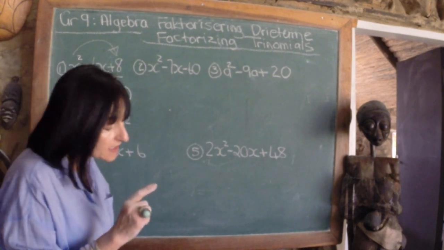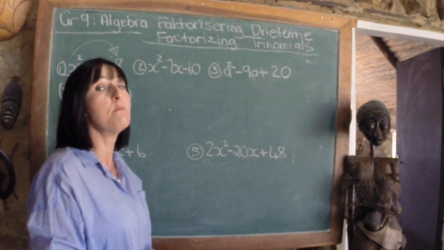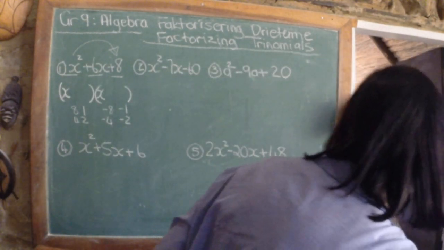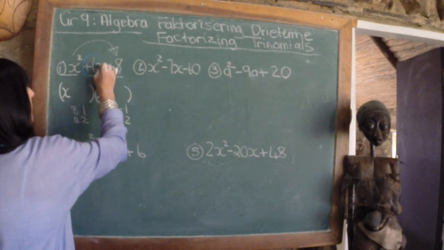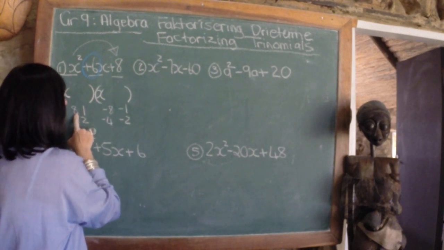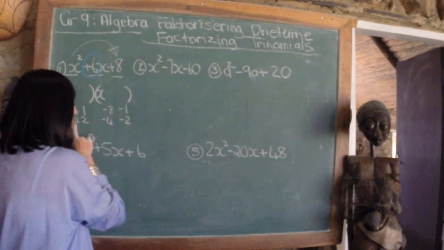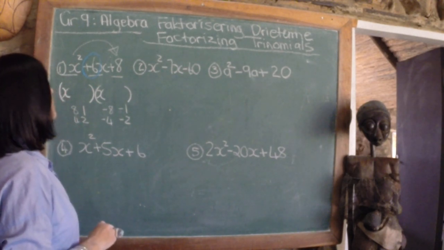The decision maker or the referee is always the middle term. The middle term is the one that makes the call. The middle term decides which group of these 4 is going to be the winners. So kom ons gaan kyk.